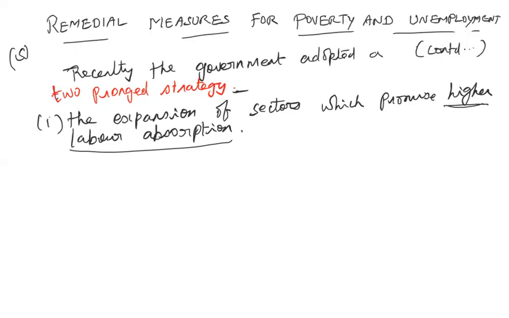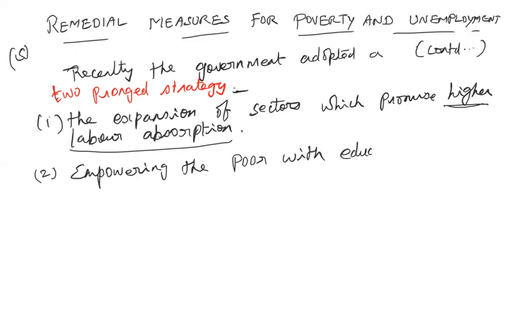And then apart from that, empowering the poor. They have to be given the required amount of education, skill formation by establishing several training centers in the country, and health. You must have heard about the vocational group, isn't it? Vocational group is totally employable.